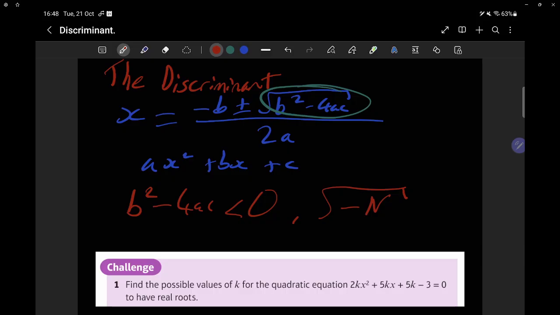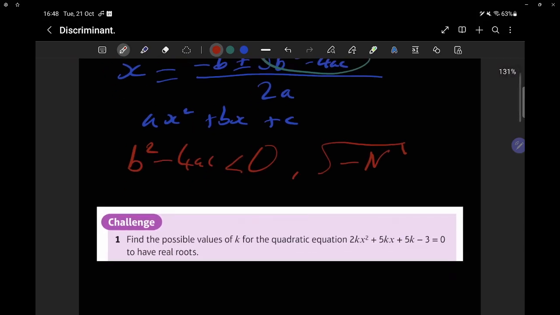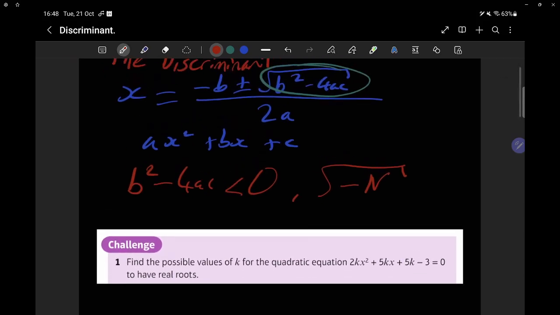But for now, anyway, we don't know what a negative number is. Square root of a negative, we can't do that. So that means there would be 0 possible roots because we can't have a negative, right? So no real roots.